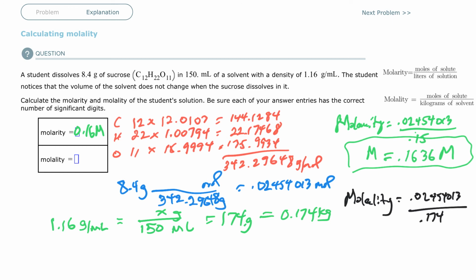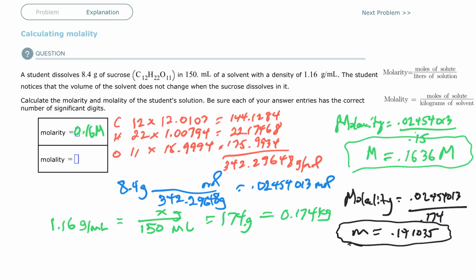Okay, and I'm going to get molality, which is lowercase m. Uppercase M is molarity, lowercase m is molality. 0.141035. Okay, put a circle around that. And what do we have?